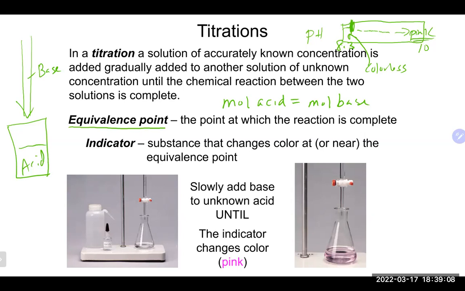If you stop at that point, you should be stopping pretty close to the equivalence point. If you go really dark pink, you might find yourself way over here. Pretty color, I like it, but you might be at a pH of 10 and completely miss the equivalence point.